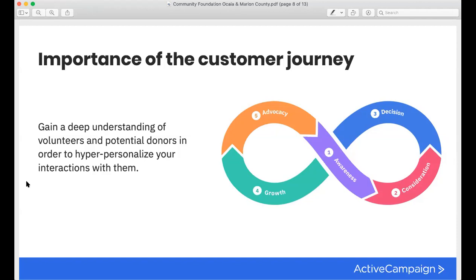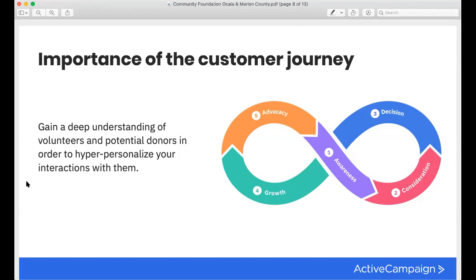And a lot of your awareness may come from your advocates and word of mouth, and having your advocates bring, whether that's a referral program or getting more members to join that way. And so we want to look at all of these stages and communicate with people in a strategic way based on where they lie here.